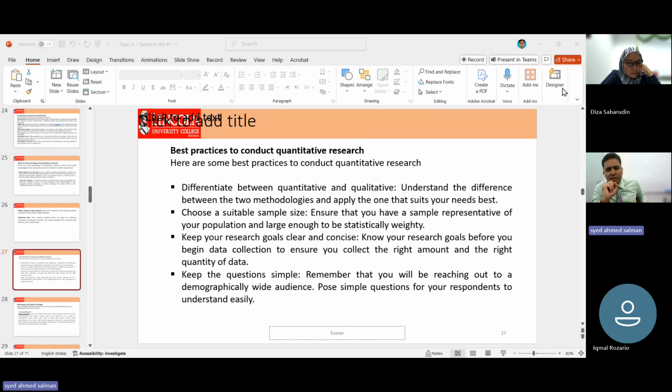Keep your research goals clear and concise: know your research goal before you begin data collection to ensure you collect the right quantity of data. Keep the questions simple. Remember that you will be reaching out to a demographically wide audience. Pose simple questions for your respondents to understand easily.